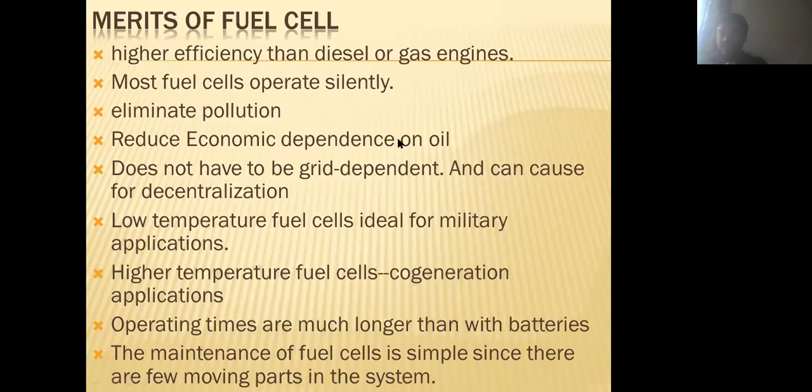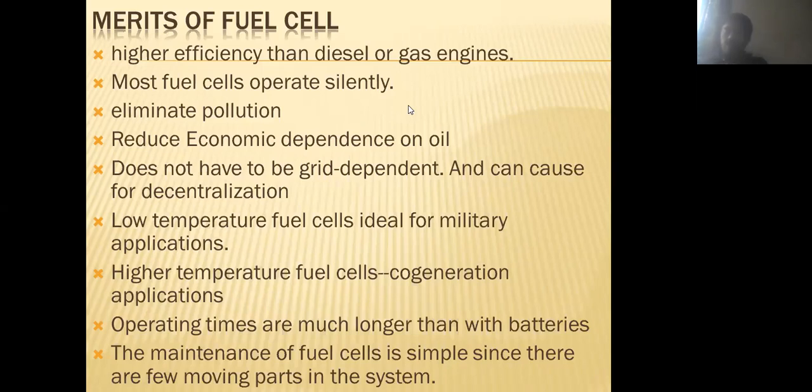Now, when we are observing it, this doesn't have many components. For engines, where we have the piston and cylinder arrangements and everything, there are many components.